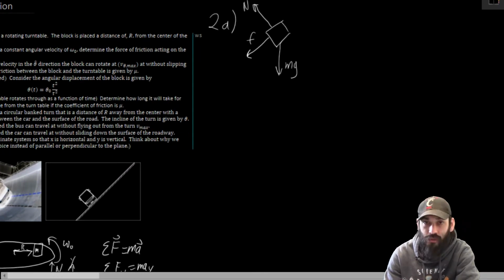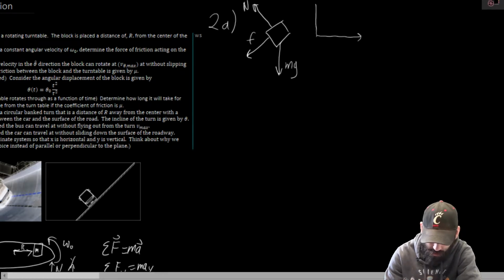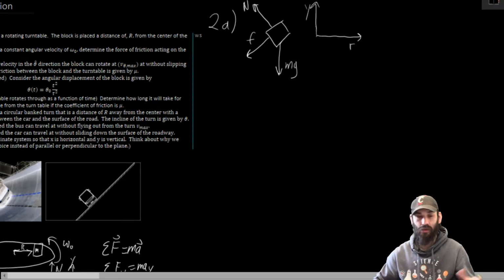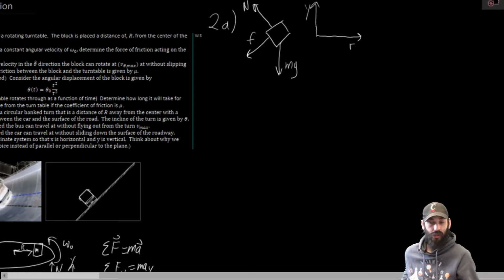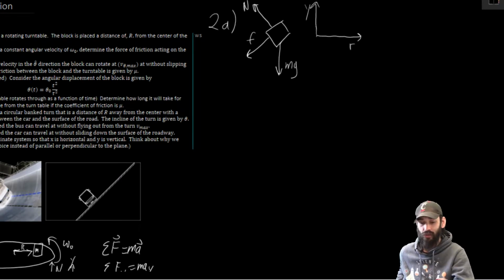The next thing we'd like to do is choose a coordinate system. Like I said, this coordinate system is going to be a little different than the coordinate systems we've used previously for things on inclined planes, because ultimately we're looking for a component of the acceleration here. The reason I'm setting this up like this, you'll see in a moment, is that this radial direction is related to the acceleration in the radial direction that we've defined in our derivation.